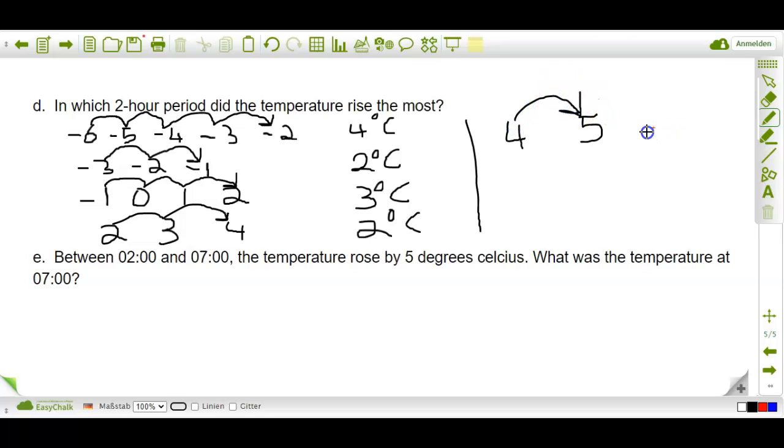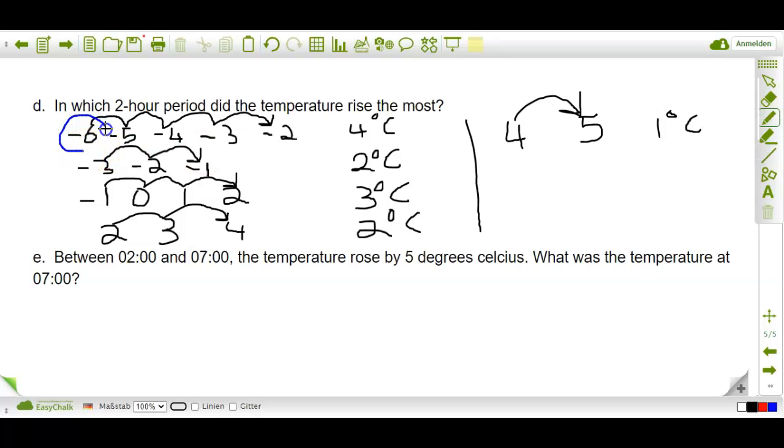So the rise would be the number of places you move from the initial temperature to the final temperature. Let me get a different color ink.